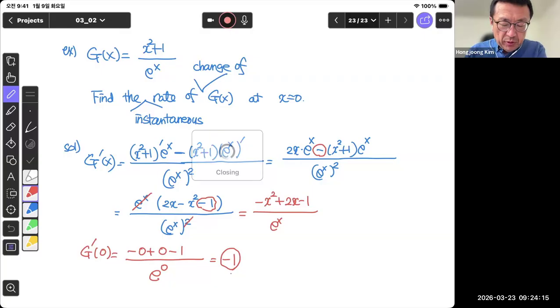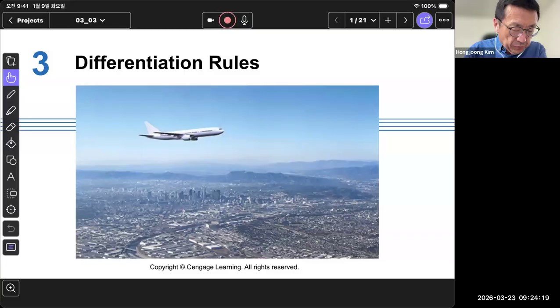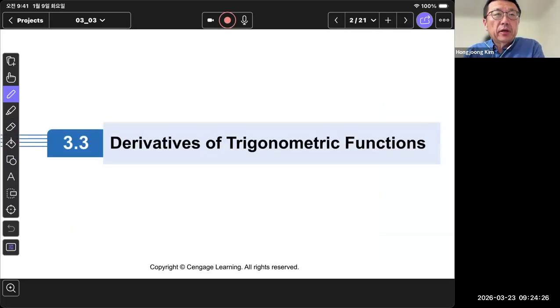So let us consider this new section: the derivatives of trigonometric functions. Now in the past, when I considered the derivation of the derivatives of sine or cosine, I proved some basic formulas.